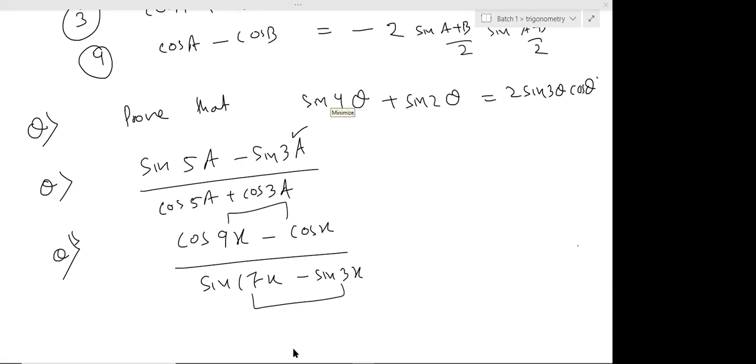Okay, Shravya, you are getting 2 sine 5x sine 4x. So cos A minus cos B is minus 2 sine A plus B by 2. So 9x plus x is 10x by 2 is 5x into sine A minus B upon 2.